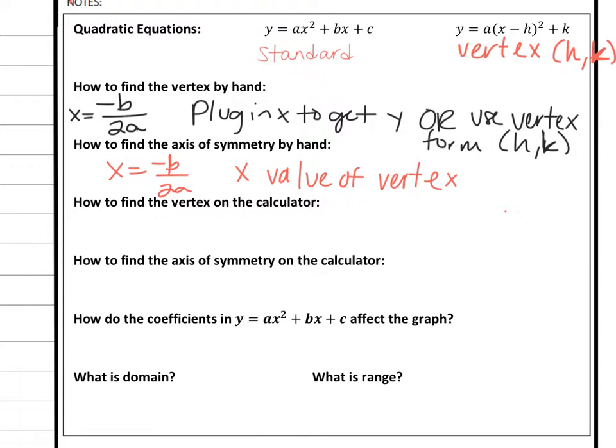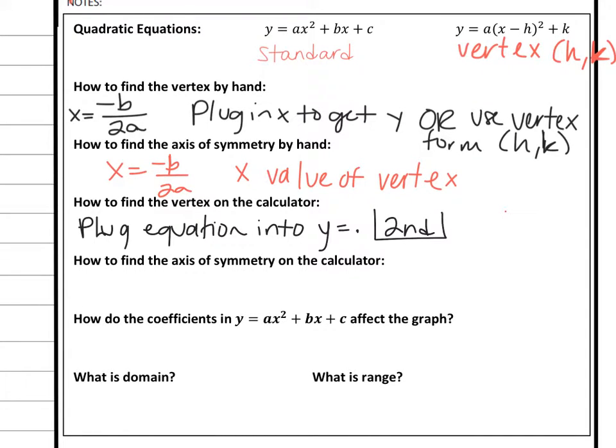Later, we are going to plug the equation into y equals. You're going to go second, trace, and then you're going to do minimum, maximum.